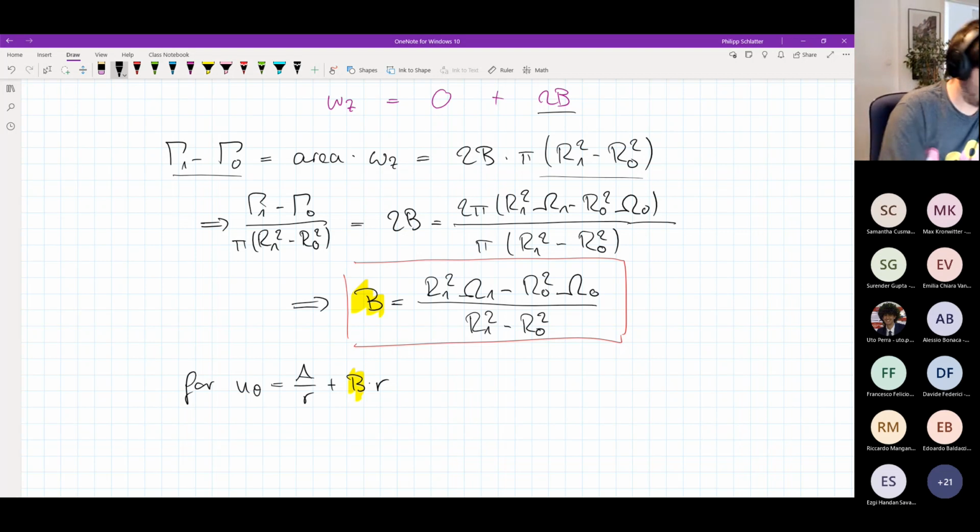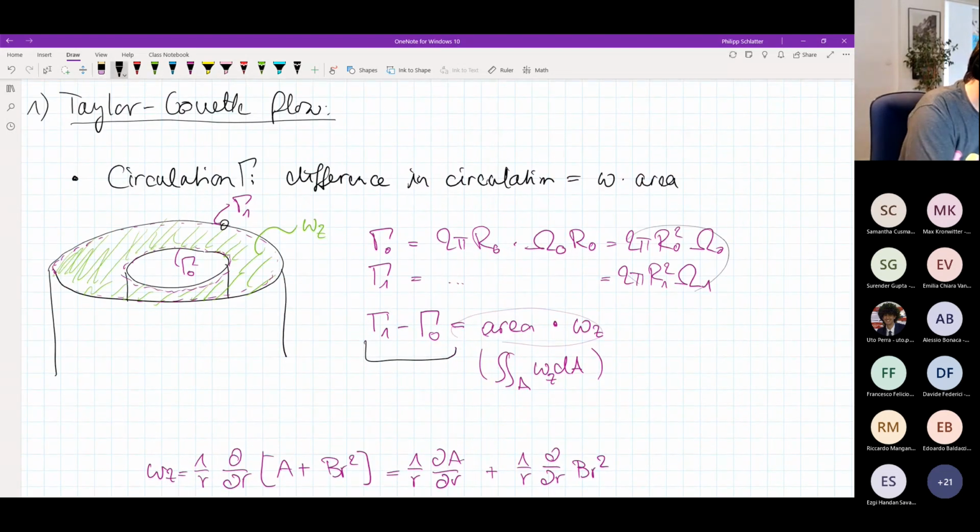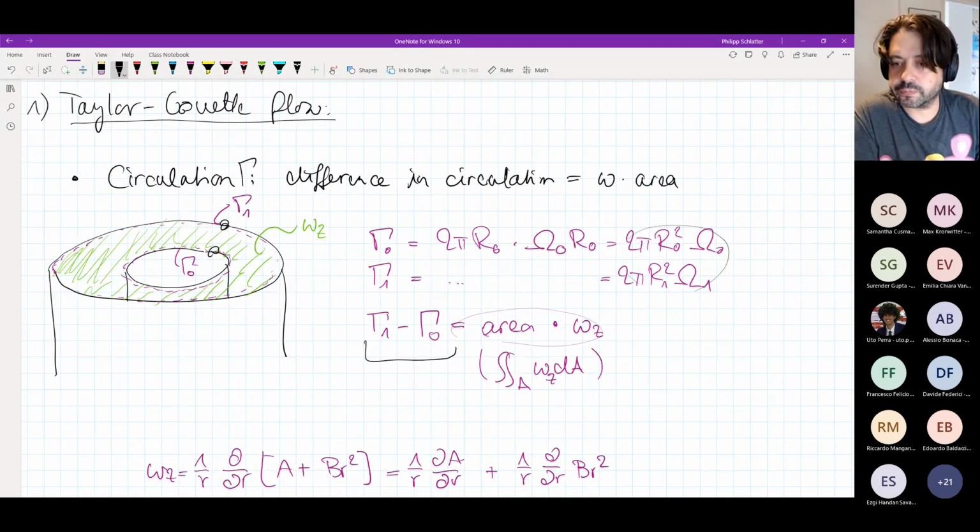Well, there we still need to use one of the boundary conditions at the walls for a, which could be the boundary condition at the outer wall or the boundary condition at the inner wall.